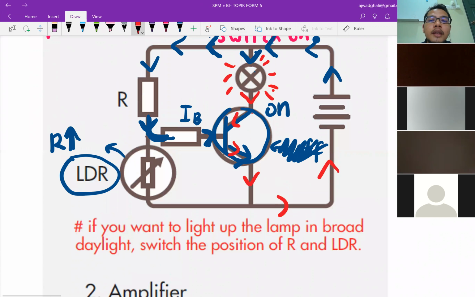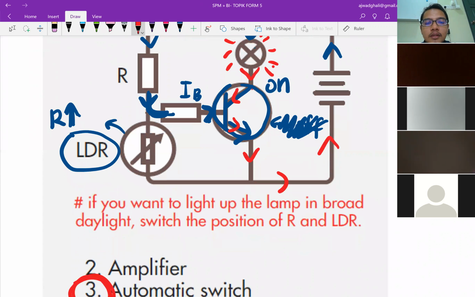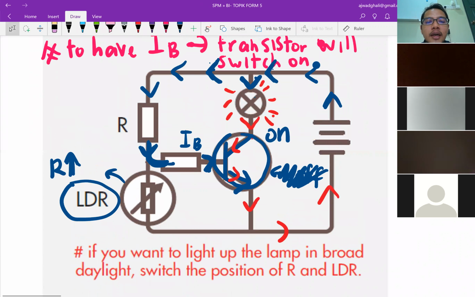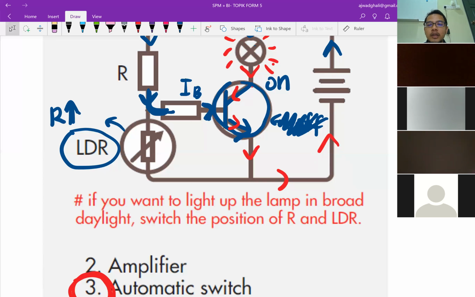So the one that you need to remember is this: where the LDR is located. If the LDR is at the bottom, that means the bulb will light up during dark or night.